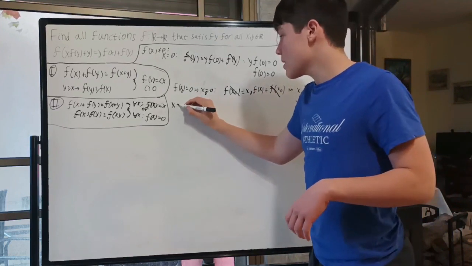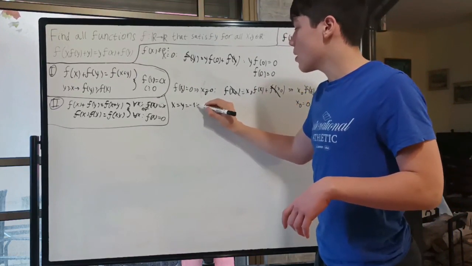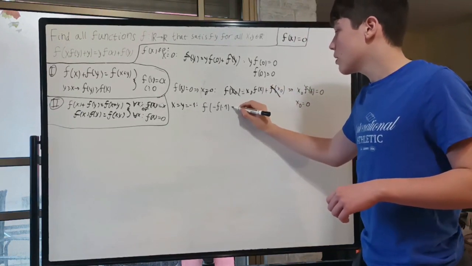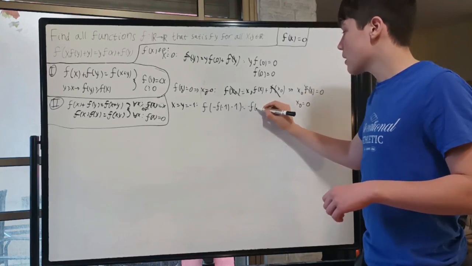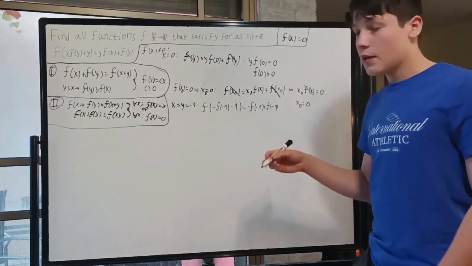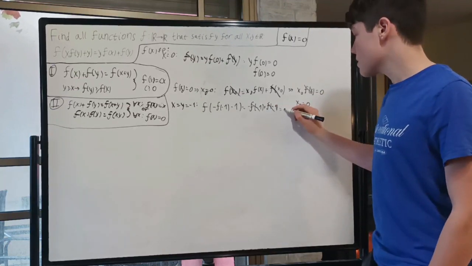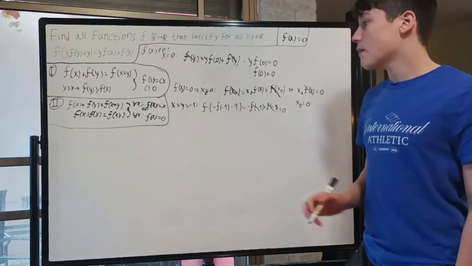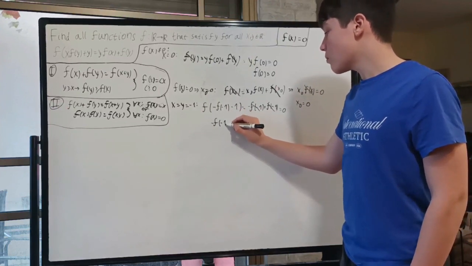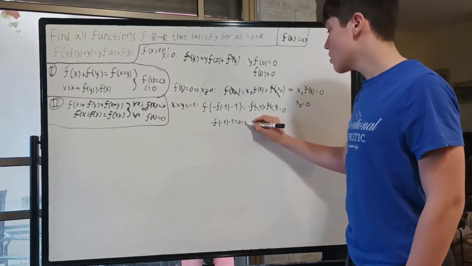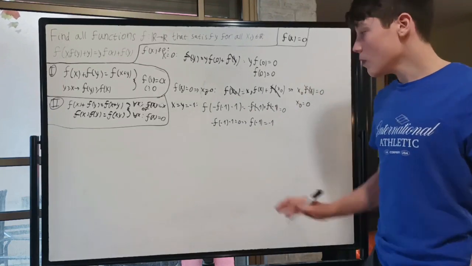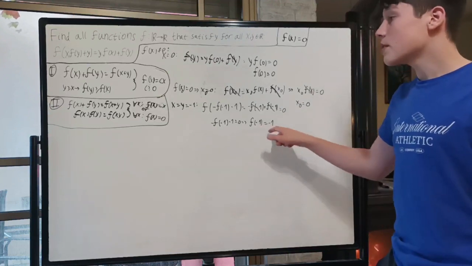So we'll look at the case x is equal to y is equal to -1. We get f of -1 minus 1 is equal to negative f of -1 plus f of -1. And exactly how we want it, this cancels out and we get 0. But we know if f of anything is 0, then that thing is 0. Which means that negative f of -1 minus 1 is 0. Which means that f of -1 is -1. Right, I move f of -1 to the other side. So this is true.